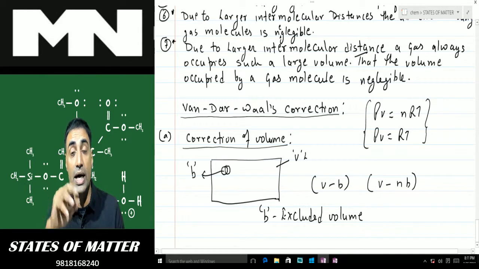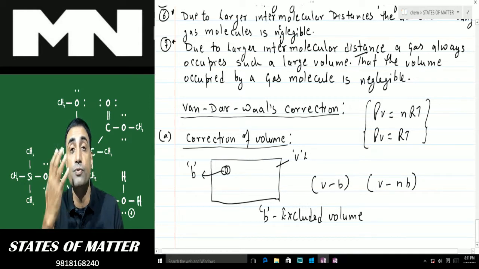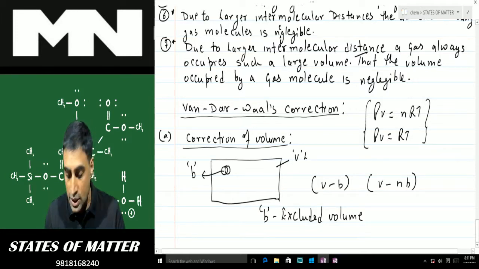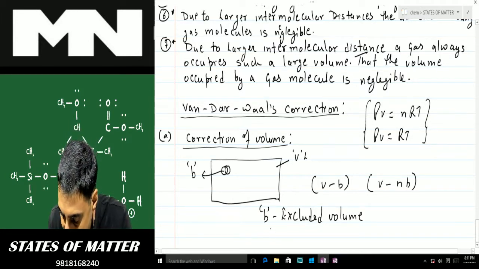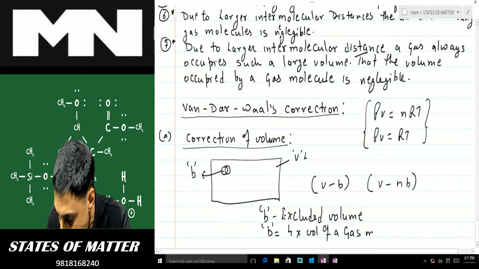It has very high energy, so it is in continuous motion. So whatever volume it has, it occupies 4 times its original volume. That means B is actually 4 into the volume of a gas molecule.